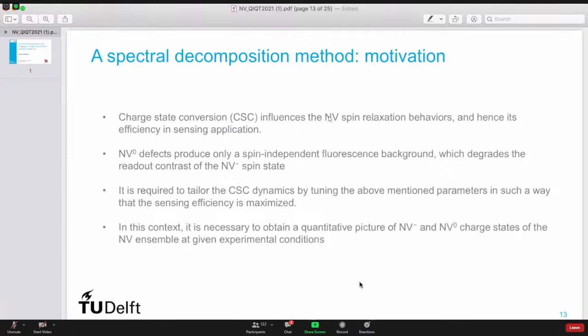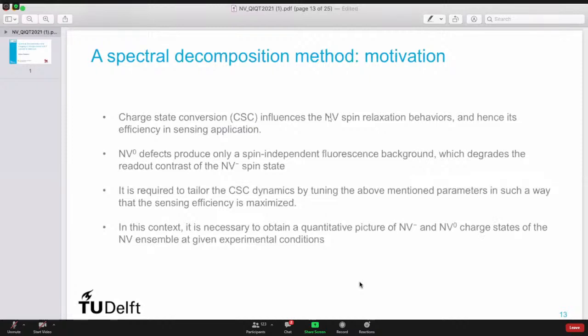Also, the ensemble will make it possible to sense the magnetic field in a direction-sensitive way, because the ensemble has NV centers with four possible directions. Now, having the NV0 charge state in an ensemble can degrade the readout efficiency and basically the sensing efficiency.